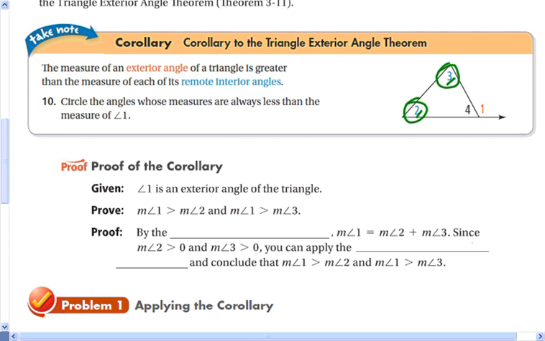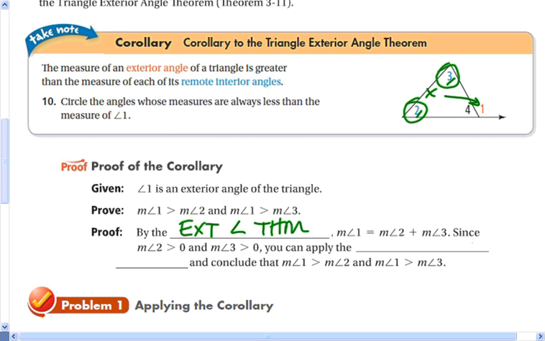And here's a quick proof of this. Given that angle 1 is an exterior angle of the triangle, we want to prove that the measure of angle 1 is greater than the measure of angle 2, and the measure of angle 1 is greater than the measure of angle 3. We know by the exterior angle theorem that the measure of angle 1 is equal to the measure of angle 2 plus the measure of angle 3. That's these two added equal that one.